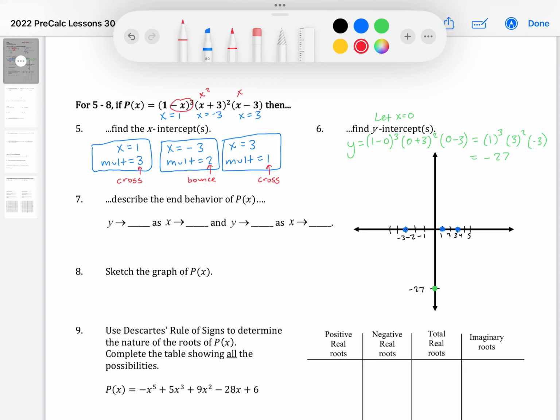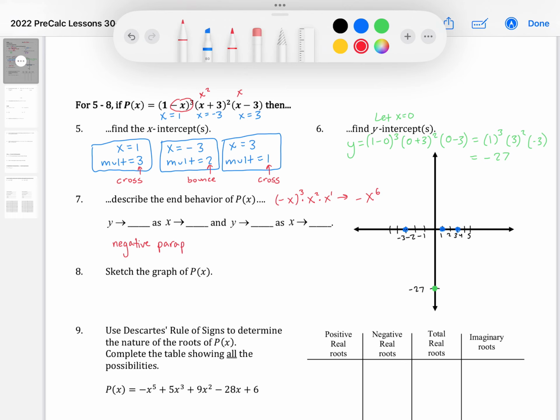So if you took negative x cubed times the x squared term in the middle times the x term at the end, that would have a power of 1. So overall, you would get a negative x to the 6, which tells me that this is going to be a negative, and since it's even powers, it's going to be a parabola.